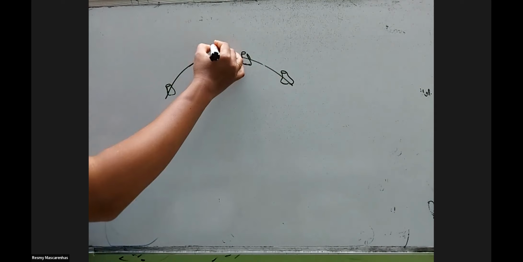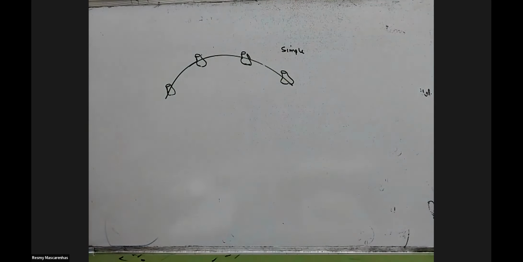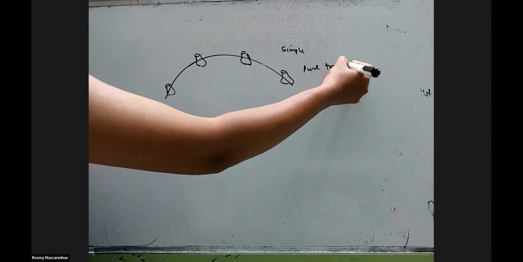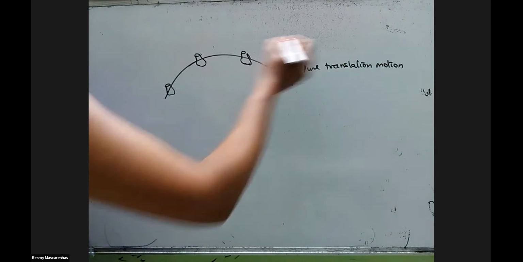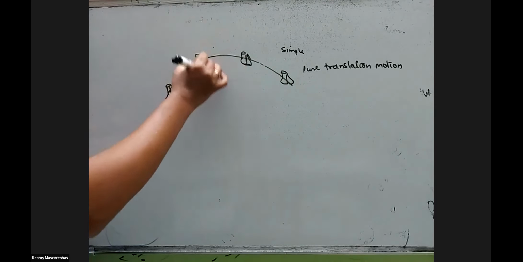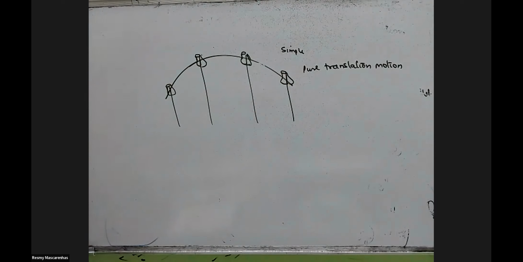This is a simple one. This is pure translation motion. Why? If you see the lines, they will always be parallel to each other. This is a pure translation motion.